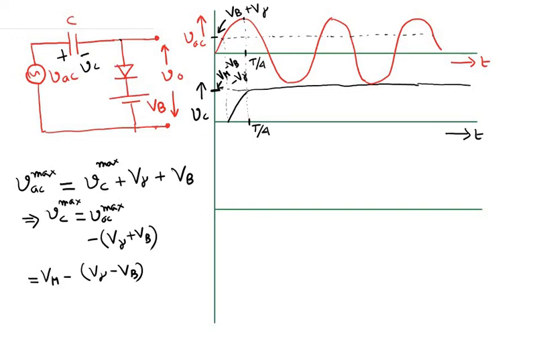Now what is the output voltage? Just as I stated, the diode is reverse biased for most of the time.